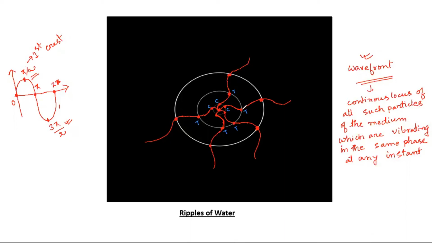This is our first trough of this wave, and this is also our first trough. We consider our first trough points and join this circle, and in this circle we have points which are vibrating in the same phase, which is nothing but 3 pi by 2. That is why wavefront is defined in such a manner.